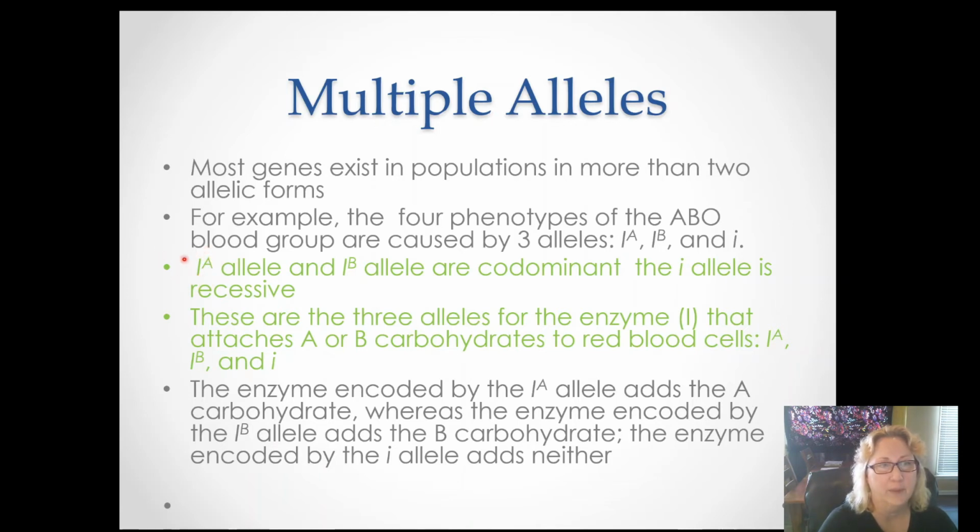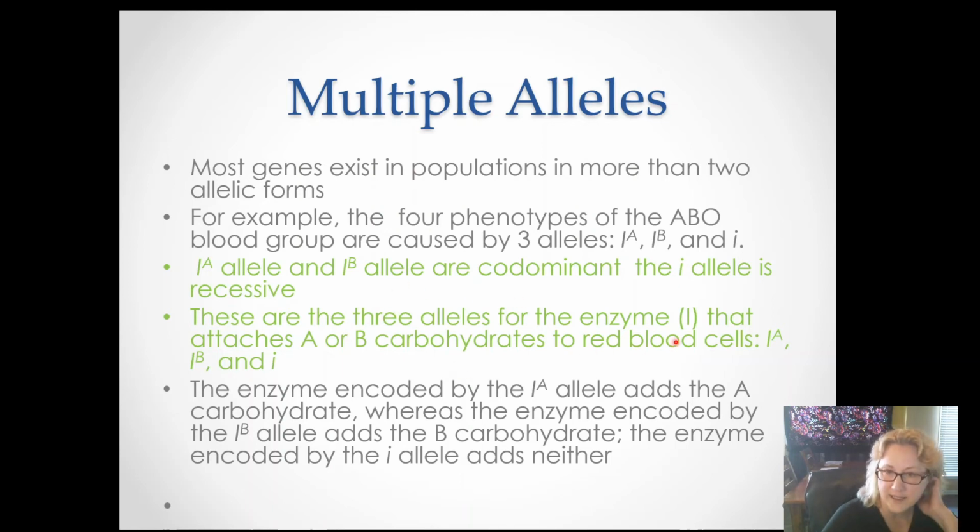The capital I is used for the A and the B allele, and a lowercase i is used for the O allele, because O is a null allele. This particular allele codes for a defective enzyme. It's not functional. So A and B are both dominant over O because O is a null allele.